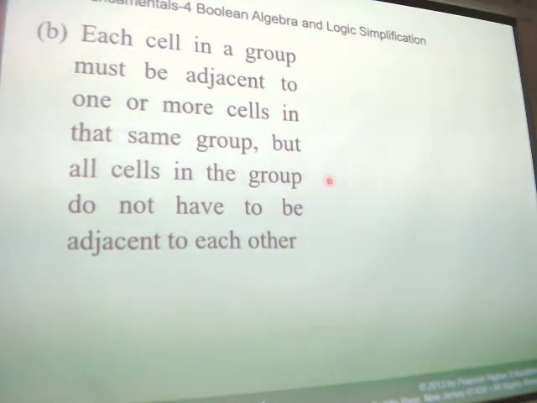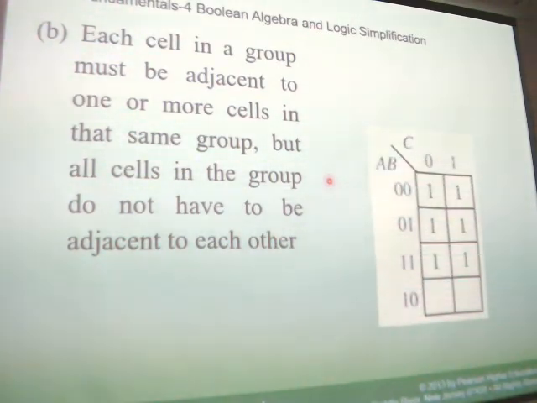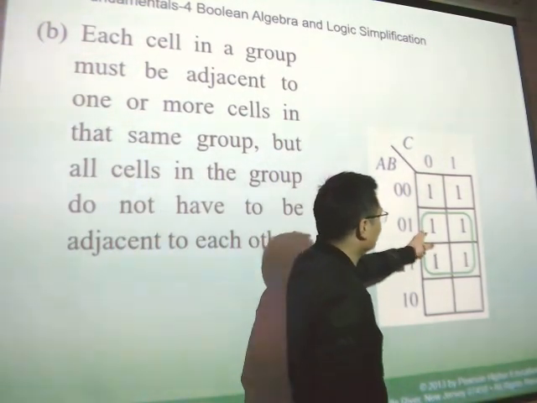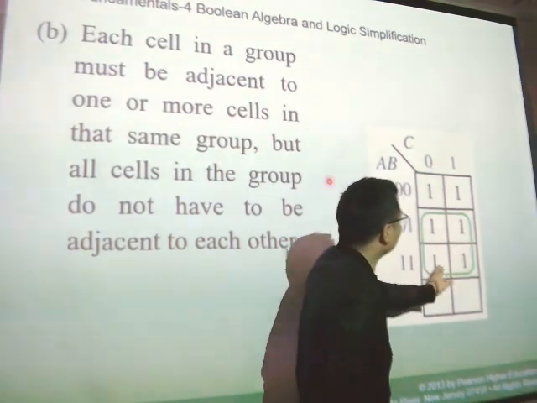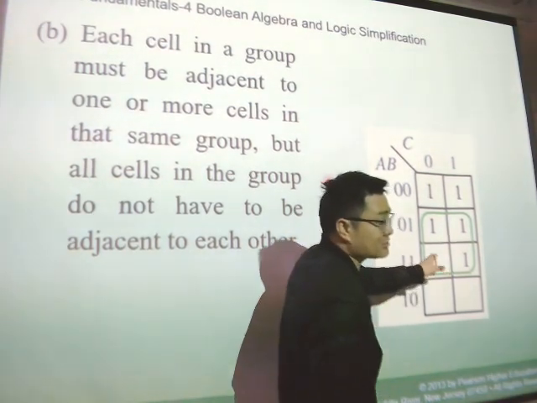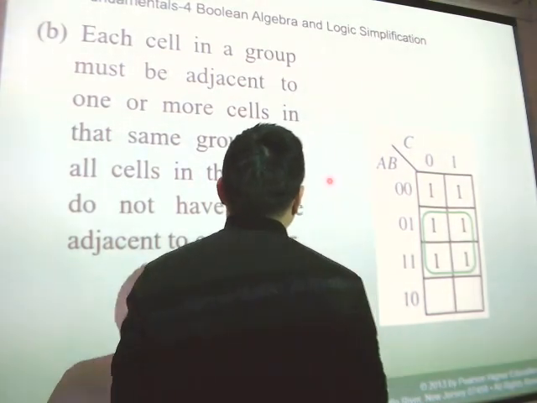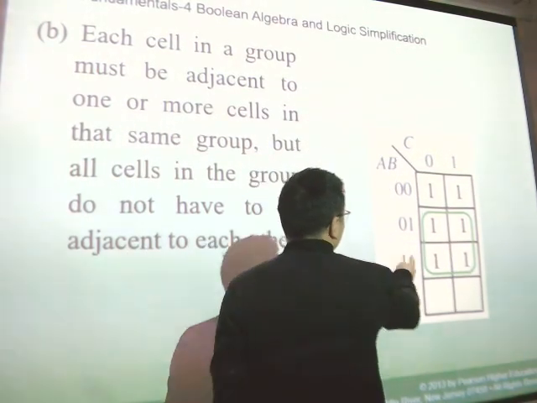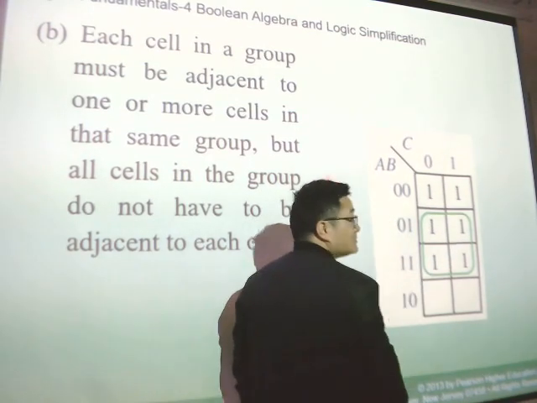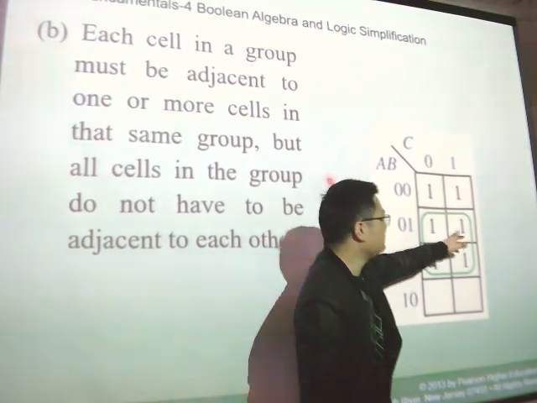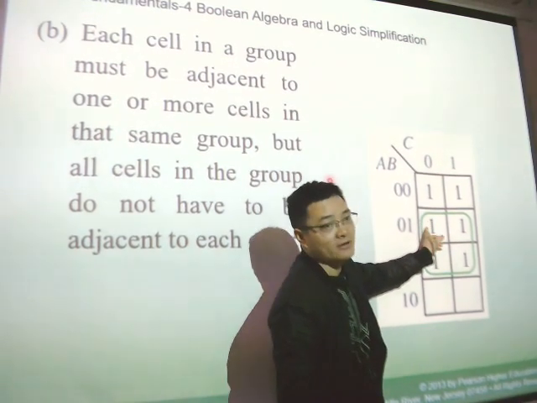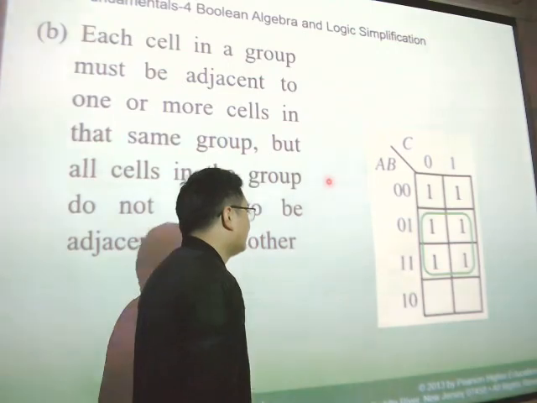For example, for this group, there are 2 cells adjacent to this cell, right? This cell and this one are adjacent to this cell.